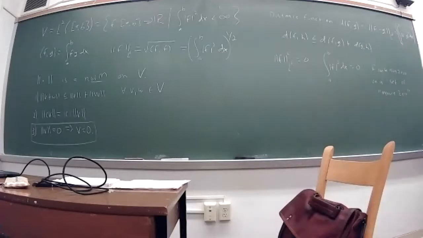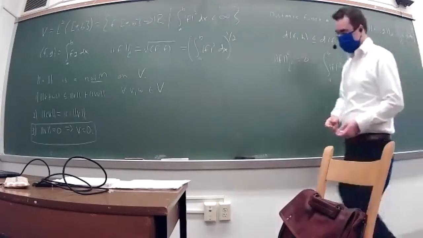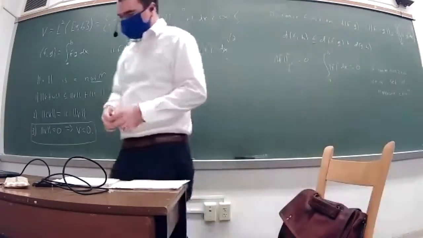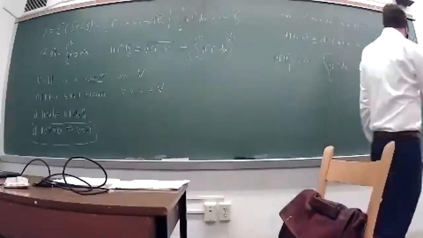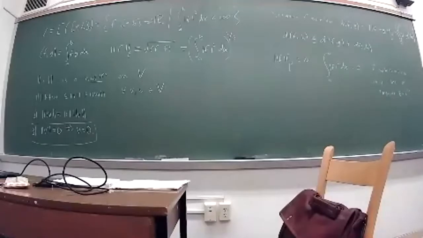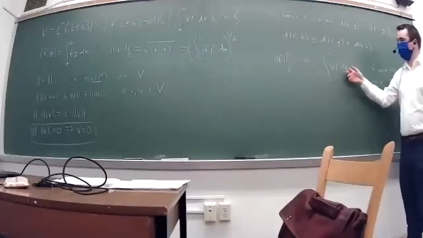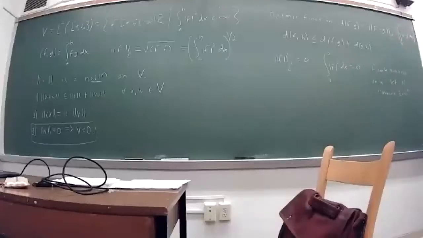For instance, if you have a function that's equal to 1 maybe at the point 1/2, but equal to 0 everywhere else, then it'll be true that its integral is equal to 0, even though the function is not.